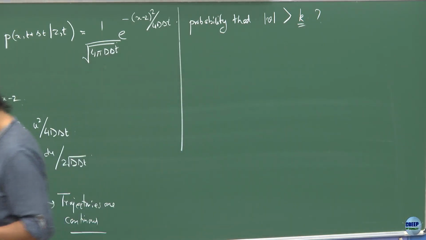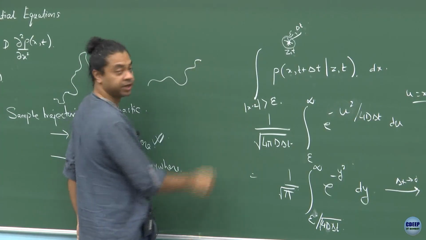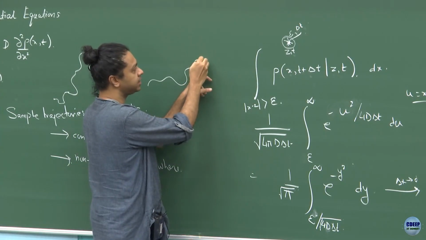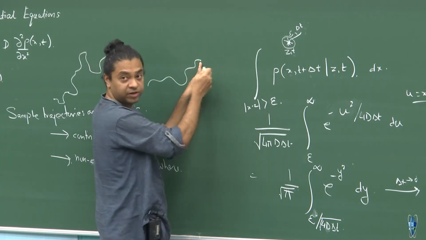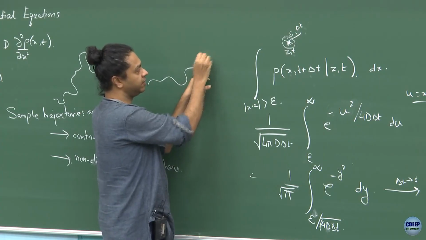Okay. So, I want to calculate this quantity next, because what is it saying? Essentially I had this path, I have come here, and I am asking, is there any probability that in some infinitesimal interval of time delta t, it could have gone over there and then started again.